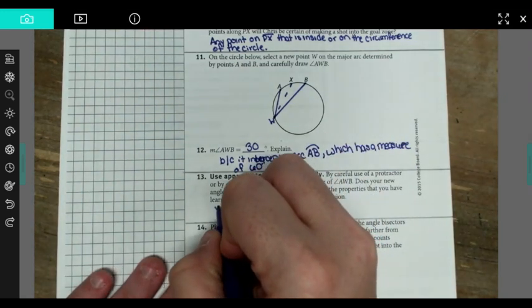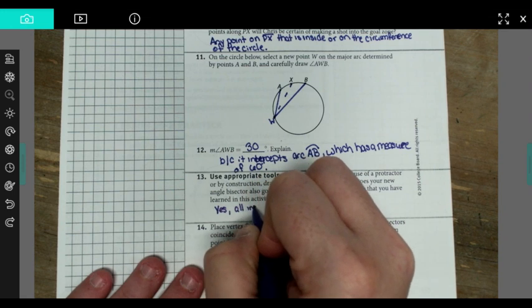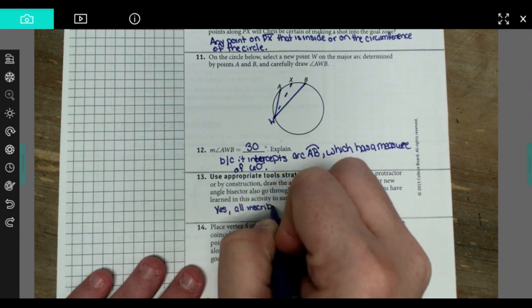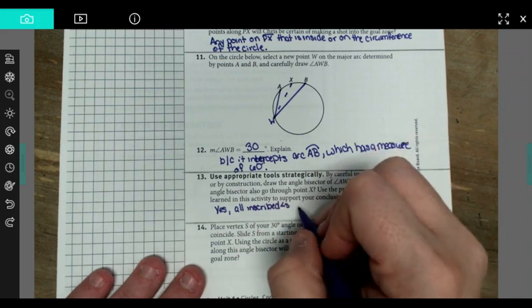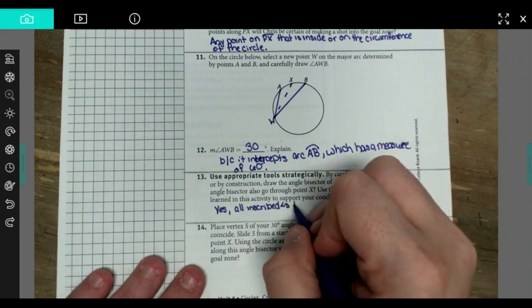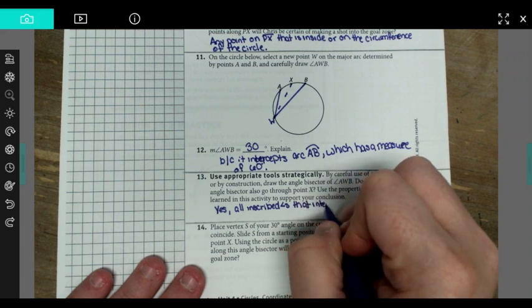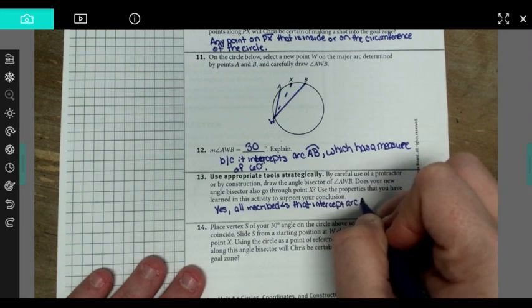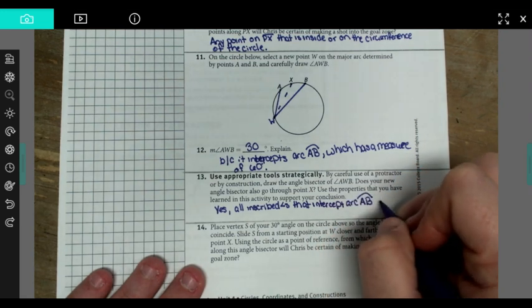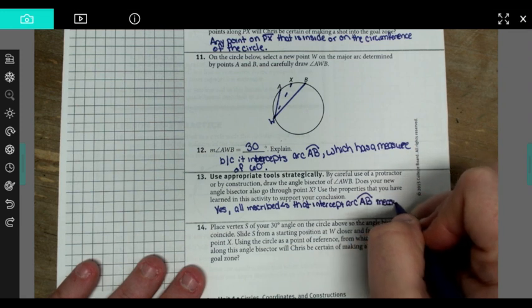Yes. All inscribed angles that intercept arc AB measure 30 degrees.